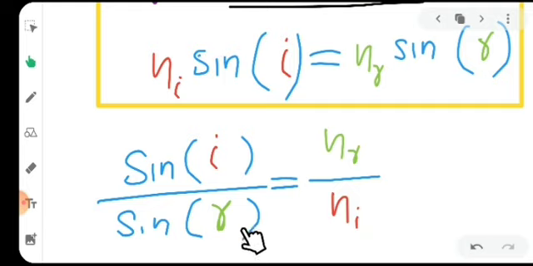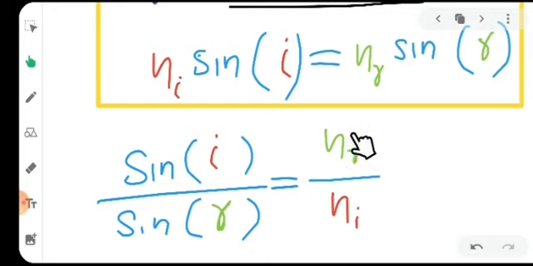See, this is the form of Snell's law you have studied. This ratio is supposed to be a constant, and now you have found the value of the constant itself. The constant is actually the ratio of refractive indices.